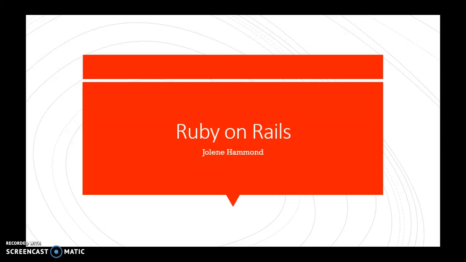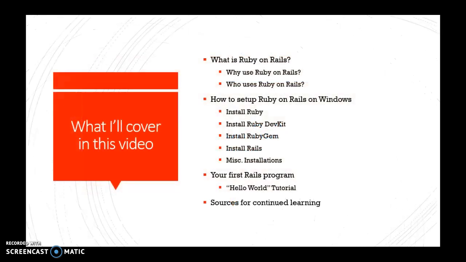I decided to talk a little bit about Ruby on Rails for the new web information that we would be covering that we didn't cover here in the semester. So what I'll be covering in this video is a little bit about what is Ruby on Rails, why would we use it, and who are some of the companies that use Ruby on Rails for their websites.